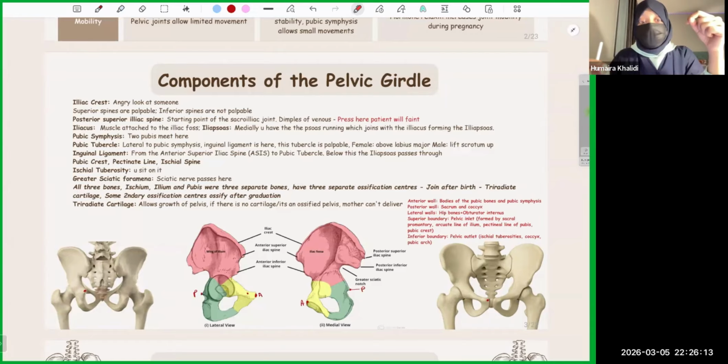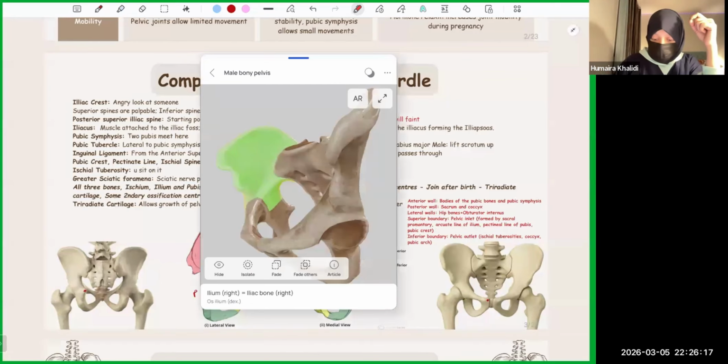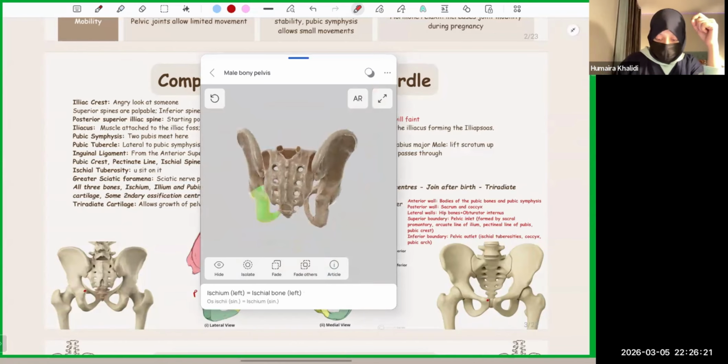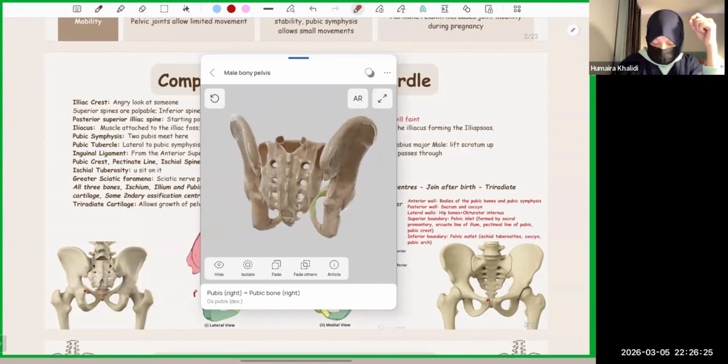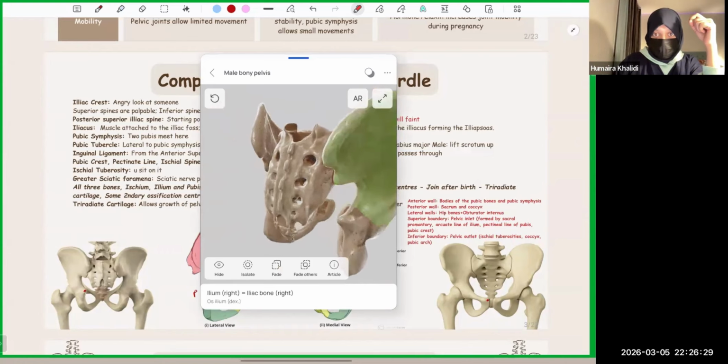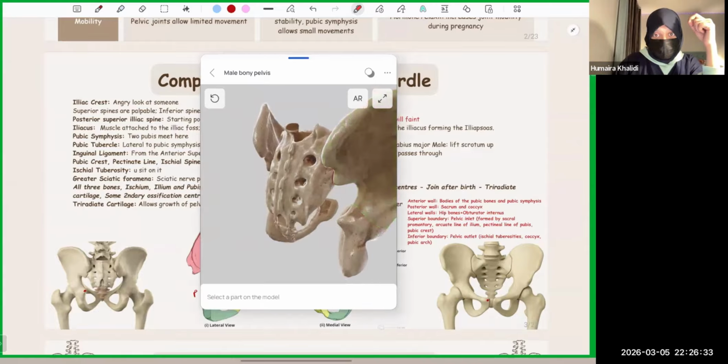Now, why aren't the inferior spines palpable? Imagine this. Did you see where the inferior iliac spines were? They're all the way here. This tiny little projection. The down one, if you can see the light blue cursor, this is the inferior spine. This is not palpable because it's too inside your body.